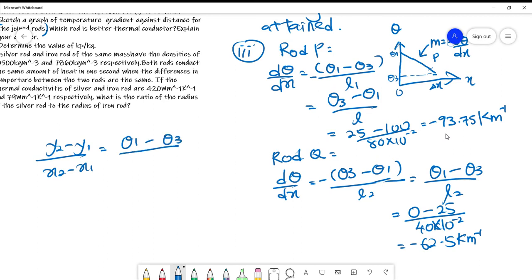Basically x2 is this one, 0, minus the change in x. Theta 3 is actually the initial minus the change in theta. So this one shall be negative and this one can be cancelled.